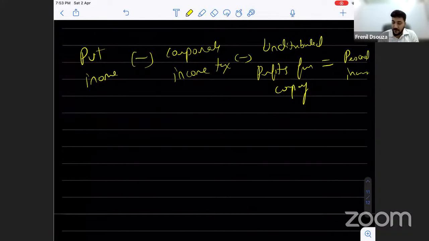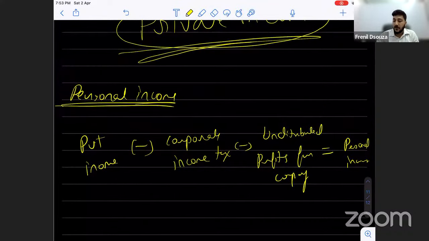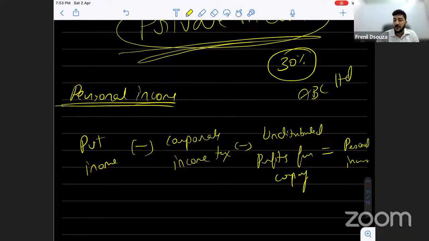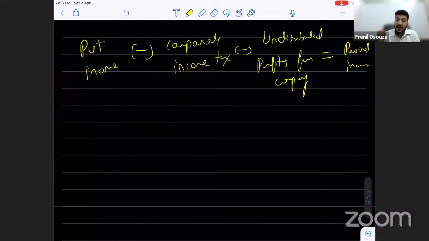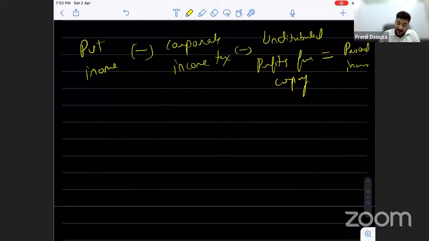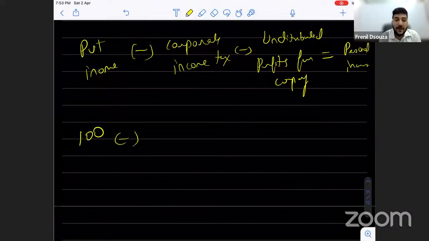Just imagine, I'll give you an example. Imagine that you are a 30% holder of a company called ABC Limited. You hold 30% of the shares, which means if they earn 100 rupees, you are going to get 30 rupees. Is it the case? Okay, let us check. What happens when a company earns, let us say, 100 rupees? You are a 30% holder, but when a company earns 100 rupees, first they have to pay corporate income tax. Let us say it is 30 rupees. So what remains is 70.